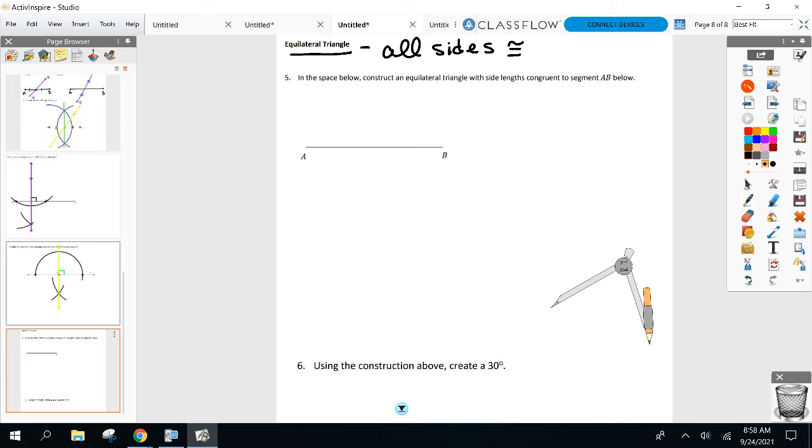All sides. All right, well, first thing I'm going to need to do is, because we don't have enough room, I'm going to copy line AB. You remember what I need to make first to copy a line segment? This was the very first construction we did. For this purpose, you can make a ray longer than AB.